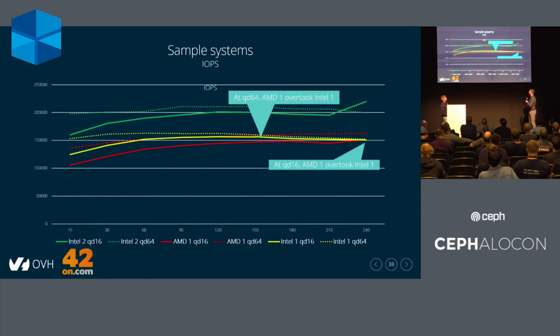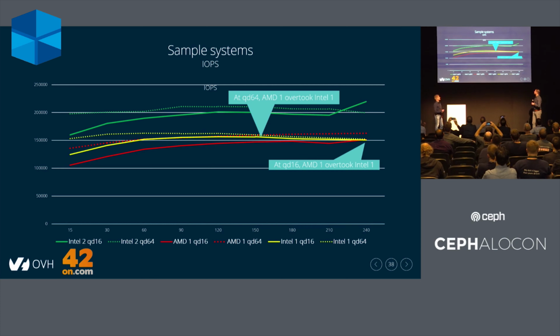Here you can see some performance benchmarks of the first two systems we mentioned, the AMD and Intel. And I would like to note here, because it's not quite obvious, that AMD systems right now are of course slightly slower than Intel. It's understandable.